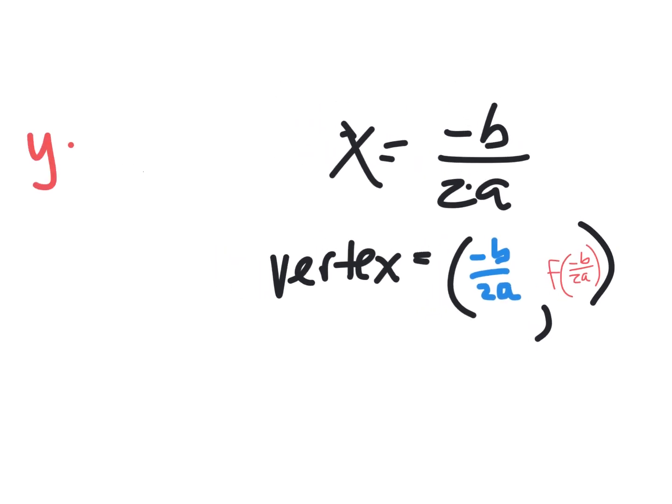Y equals x squared minus 2x plus 4. Everybody find the axis of symmetry and the vertex.